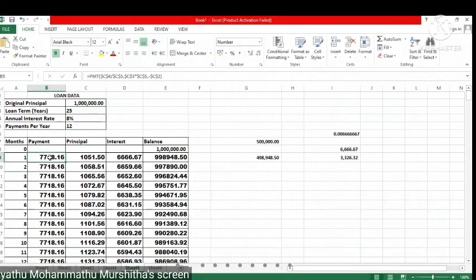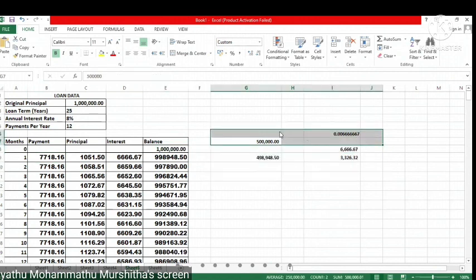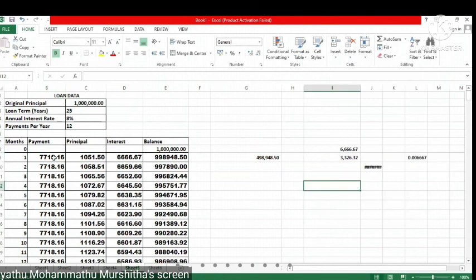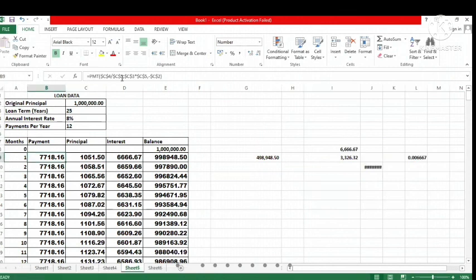Okay, shall we stop now? If you want, I am placing the cursor here, now you can take the screenshot. Then you can understand.